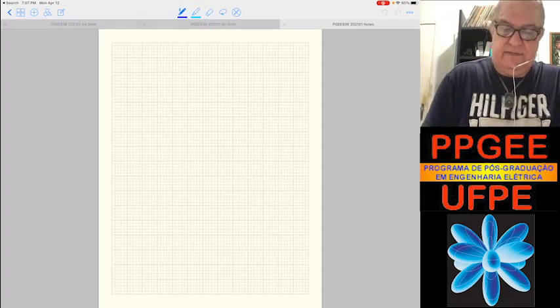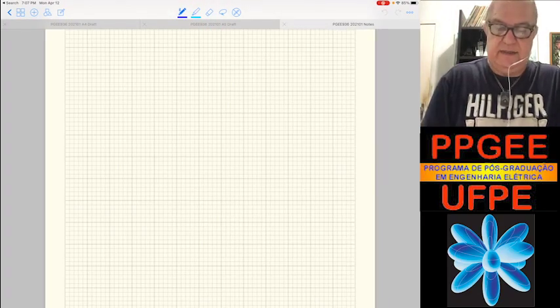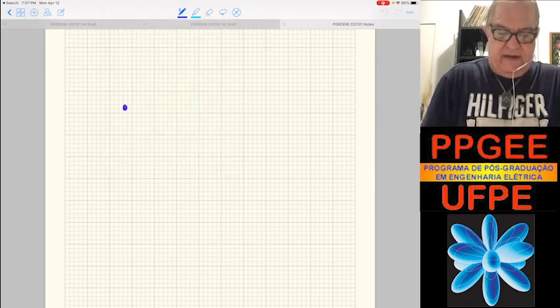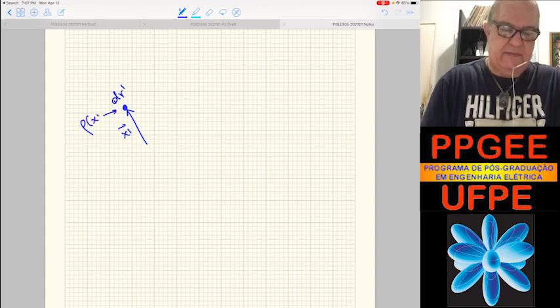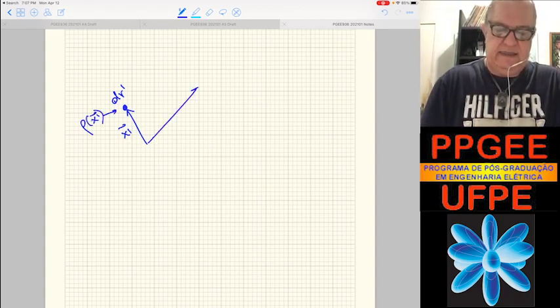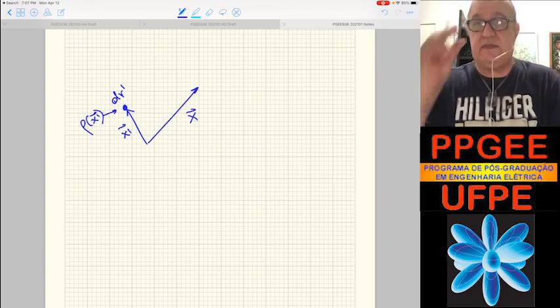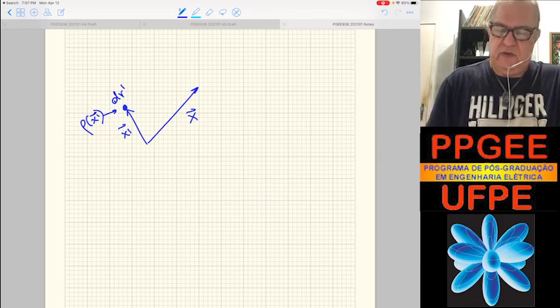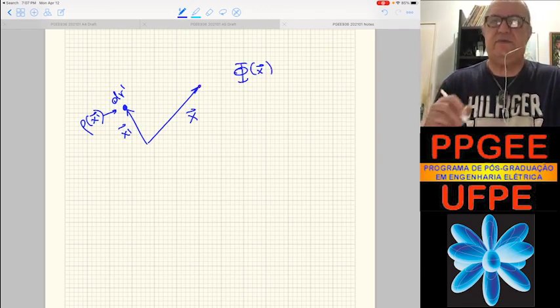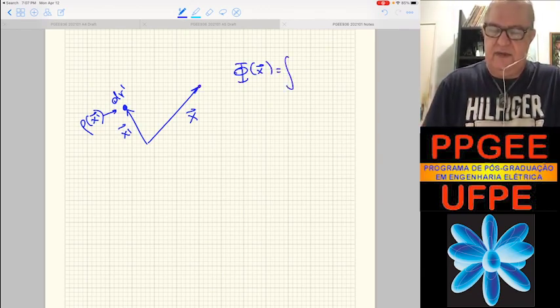Just reminding you guys, x prime is the location of the volume in which the charge density is rho of x prime, and x is the position where you determine the potential function. So we have essentially the potential at x, the observation point, equals a volume integral.